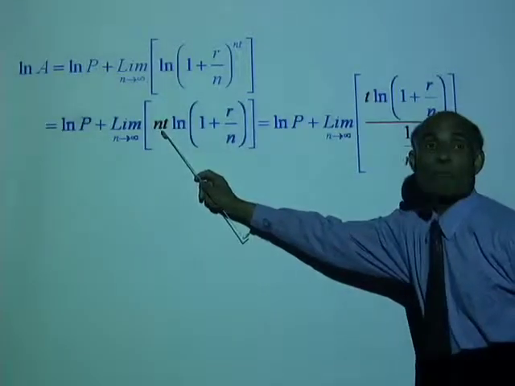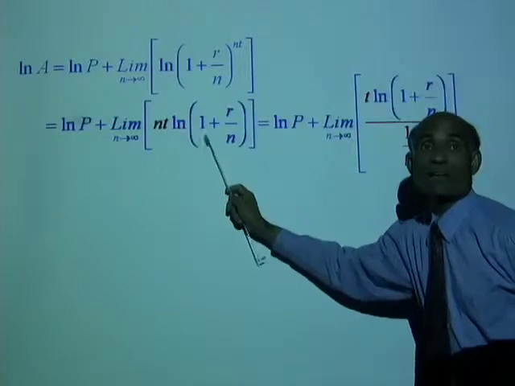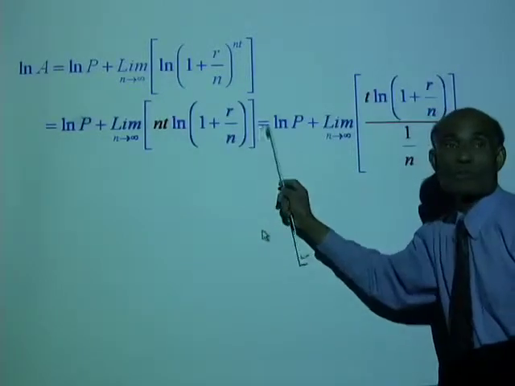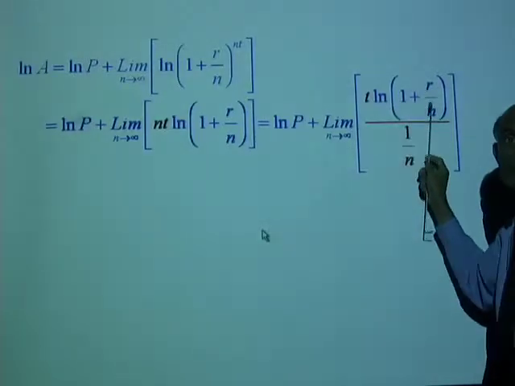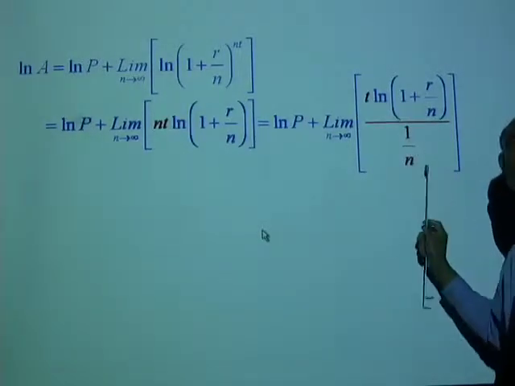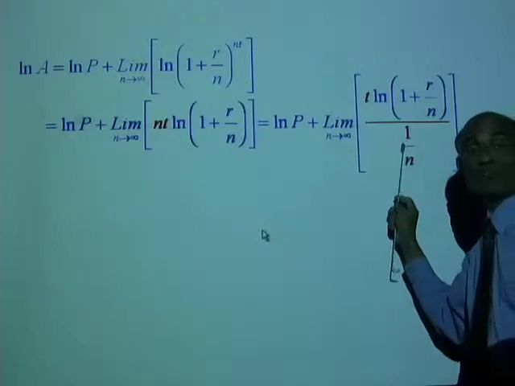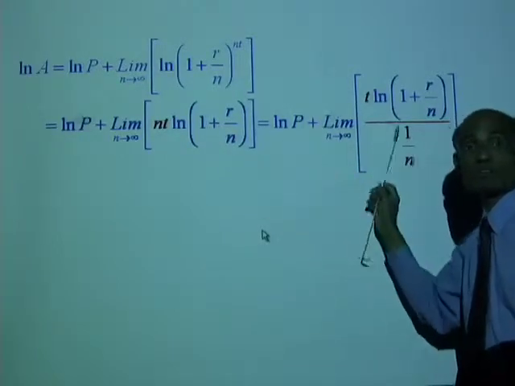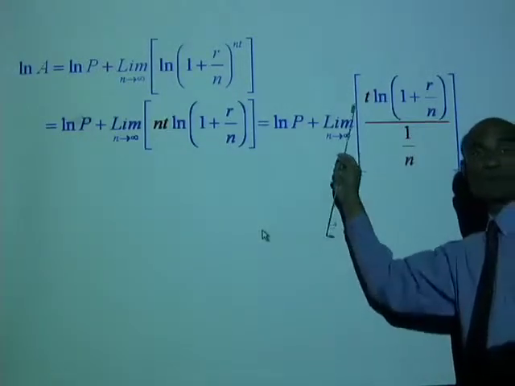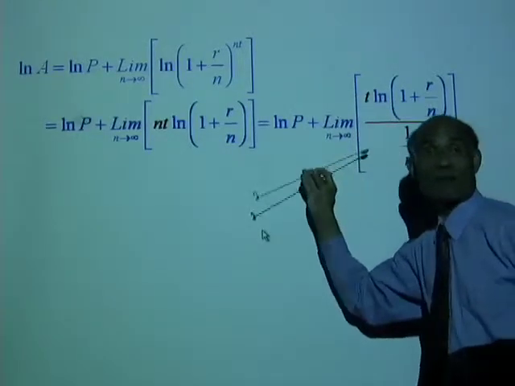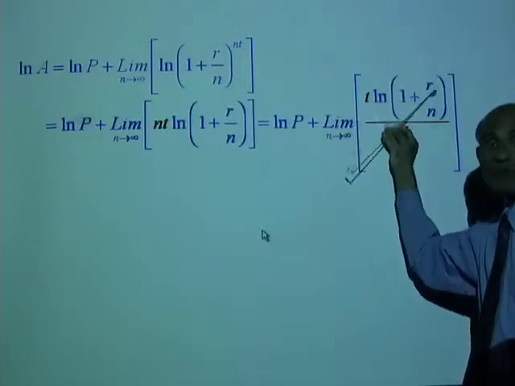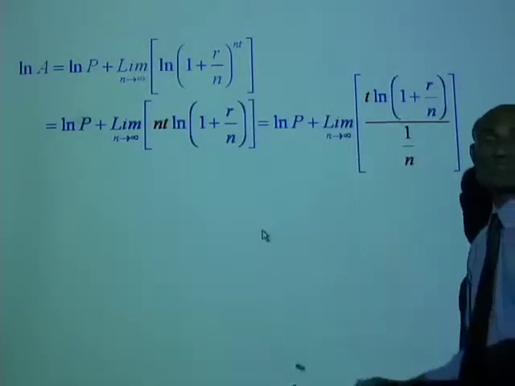So nt ln(1 plus r over n) now becomes t times ln(1 plus r over n) divided by 1 over n. In actual fact, there is no difference between these two. But it serves us well now, because this is of the form f of x over g of x.